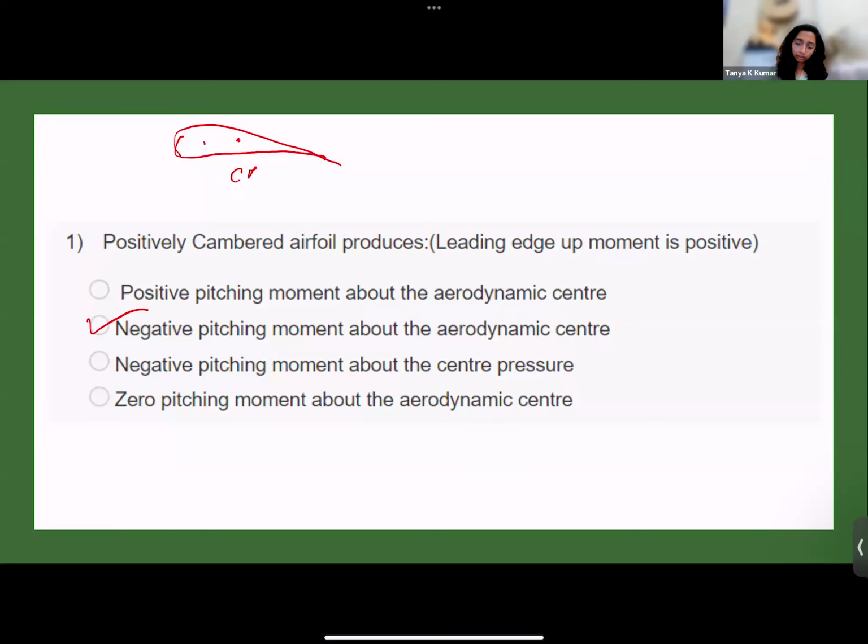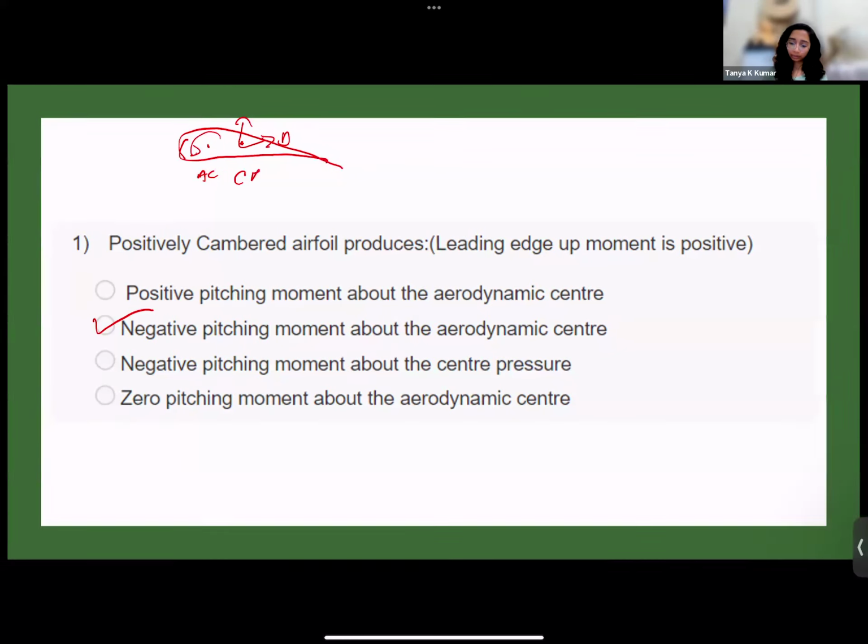CP is here, AC is here. I transfer the lift and drag forces to the AC. It comes with a nose down moment. So negative pitching moment at AC.